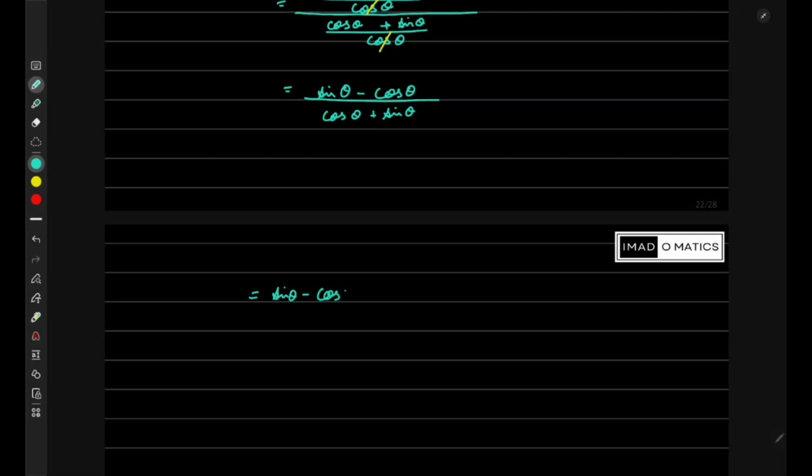Sin theta minus cos theta, cos theta plus sin theta, multiplied by cos theta minus sin theta over cos theta minus sin theta.